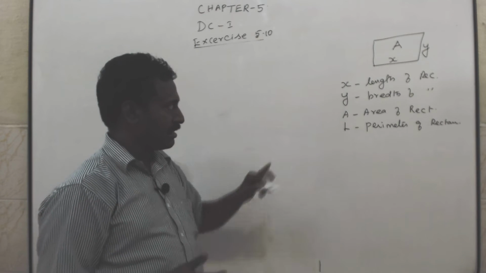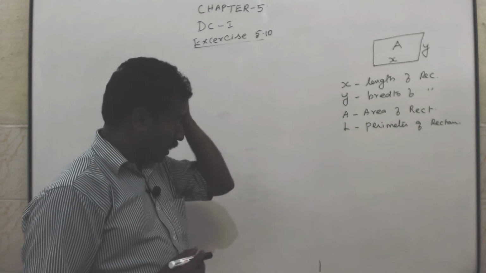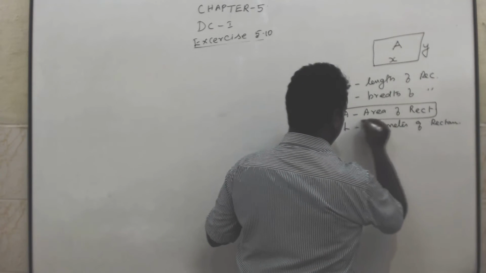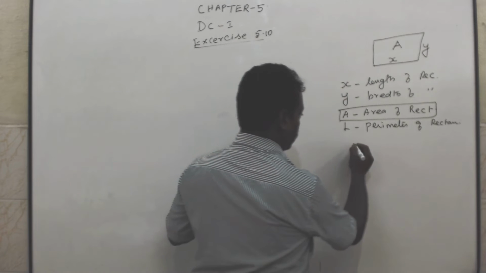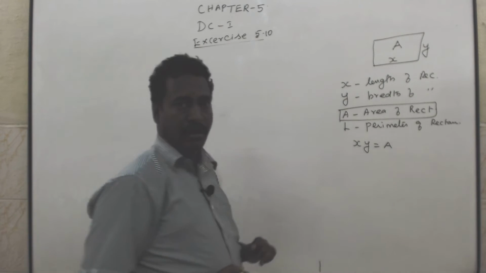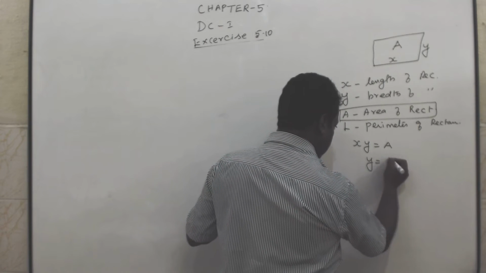So these are the data. Of these, nothing else is given; only the area of the rectangle is given. What is the area of a rectangle? X into y, length into breadth, equal to A. What is y? A by x.